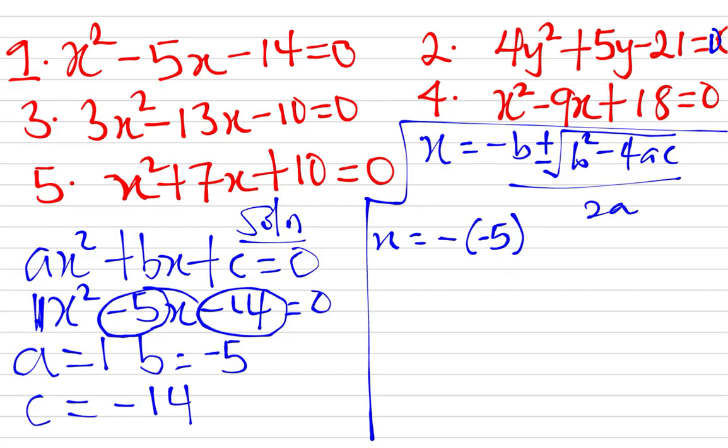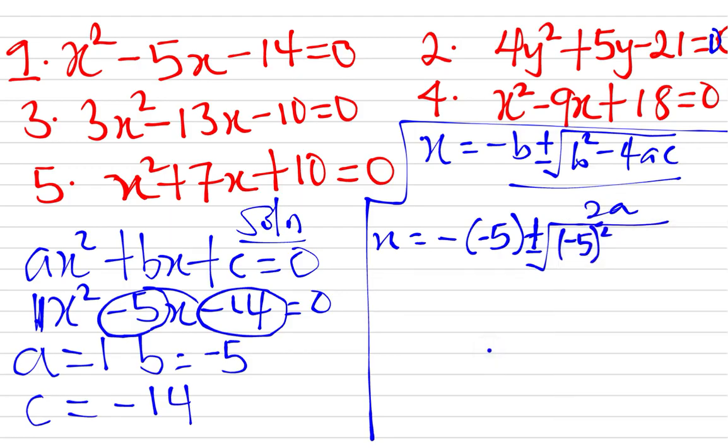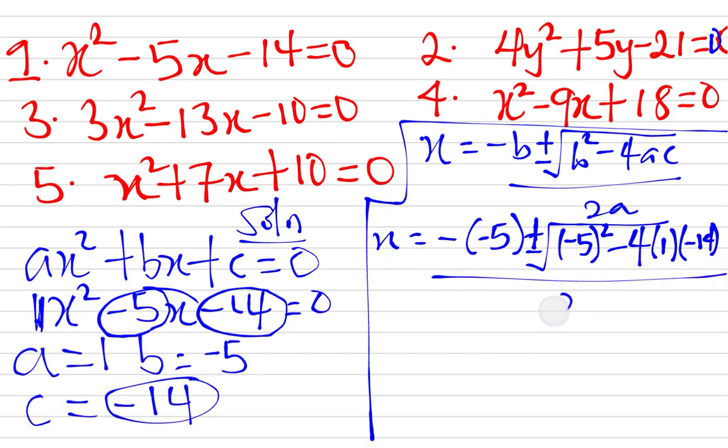Then plus or minus square root of b squared, that's minus 5 squared. You can see the way I'm putting it in bracket. Then minus 4, what's our a? 1. What's our c? Minus 14. So minus 14. Then all over 2a.